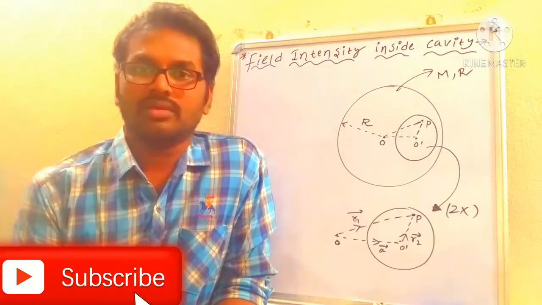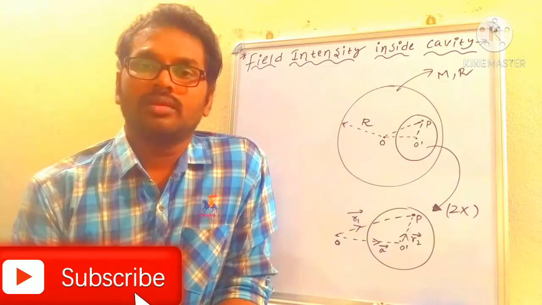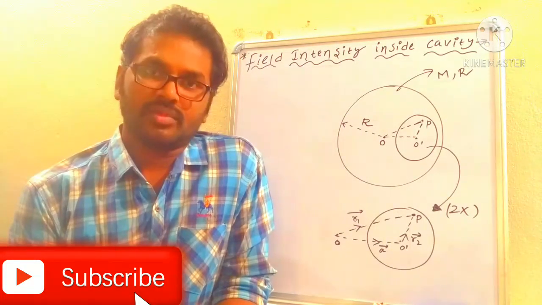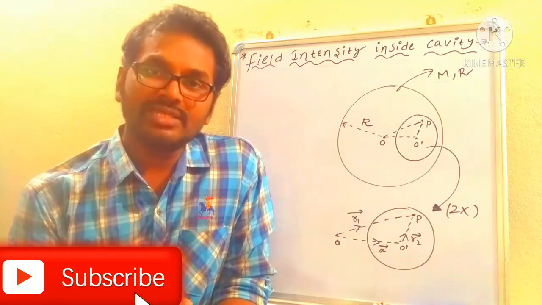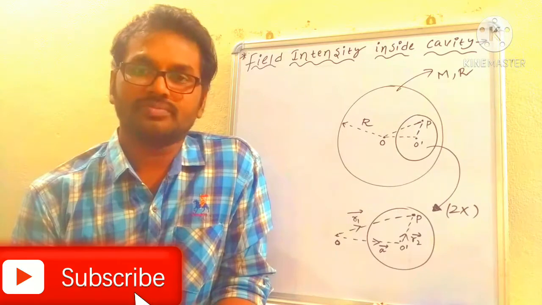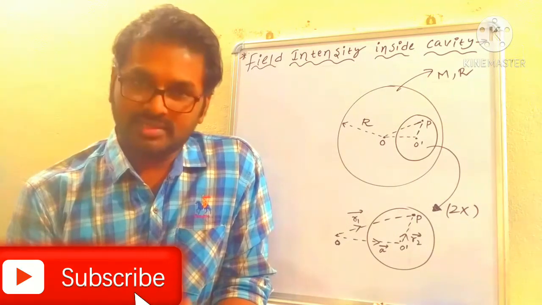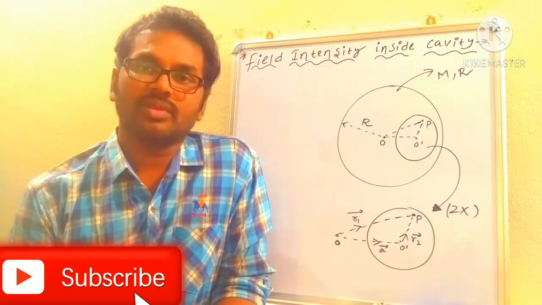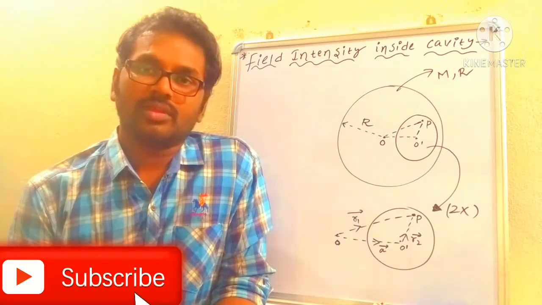In this section, we can see the topic: the gravitational field intensity at a point inside the cavity of a solid sphere. We can imagine the solid sphere is the Earth itself, or we can use a cricket ball.